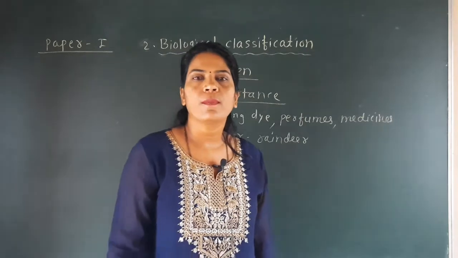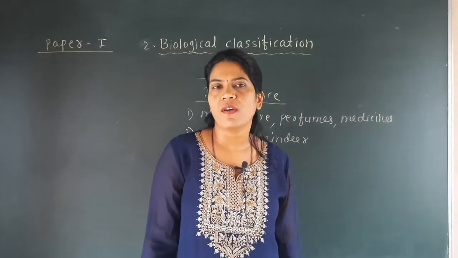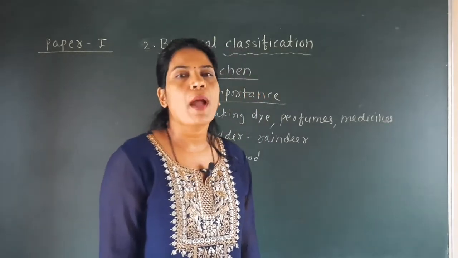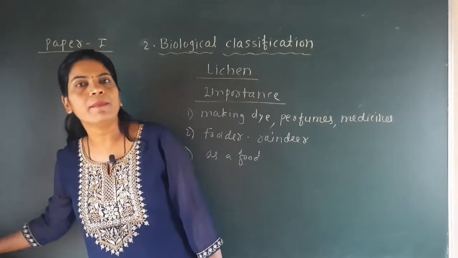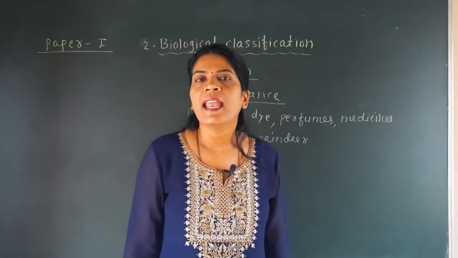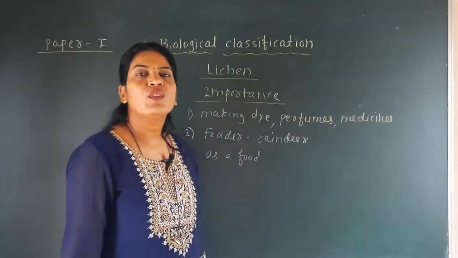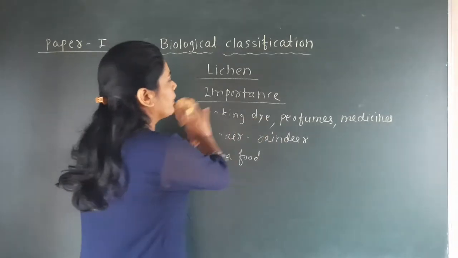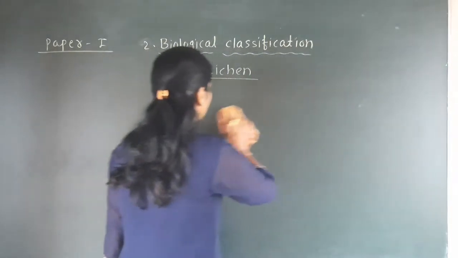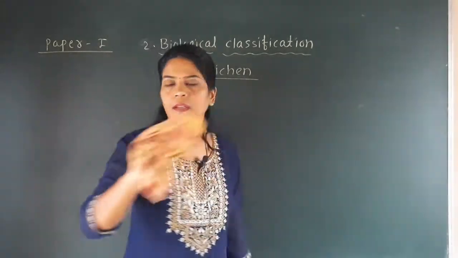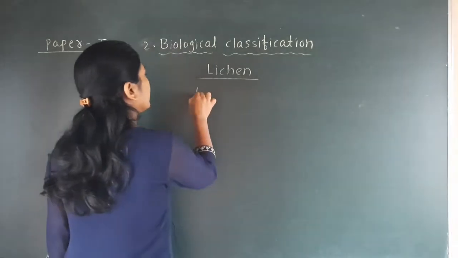So apart from this, one more importance of this lichen is that it acts as a pioneer species. So the next importance, which is very useful for our environment, is how this lichen acts as a pioneer species. It is important for soil formation.